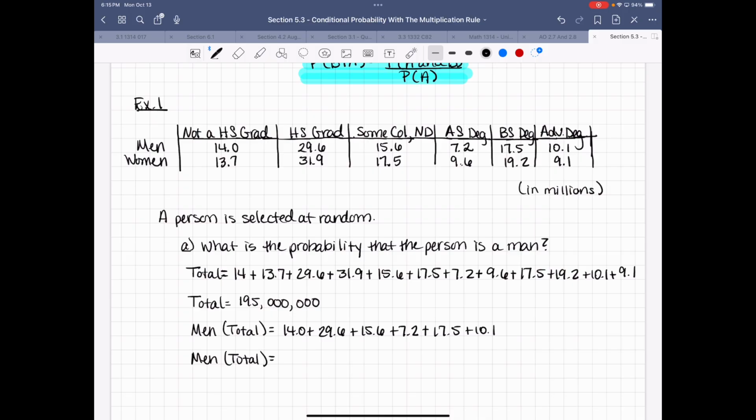What about total men? Yes, 94 million. Good. So we're getting 94 million on the total for the men.